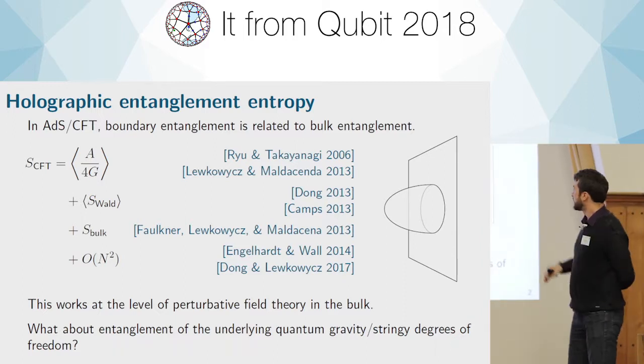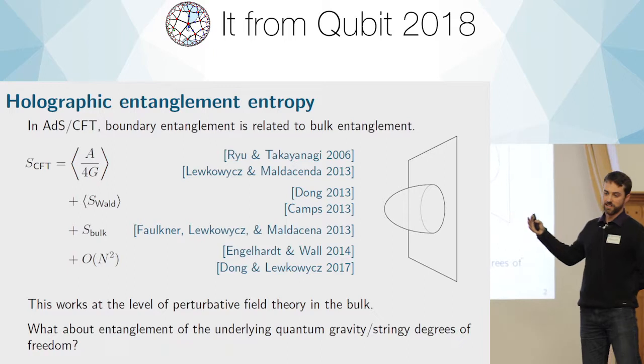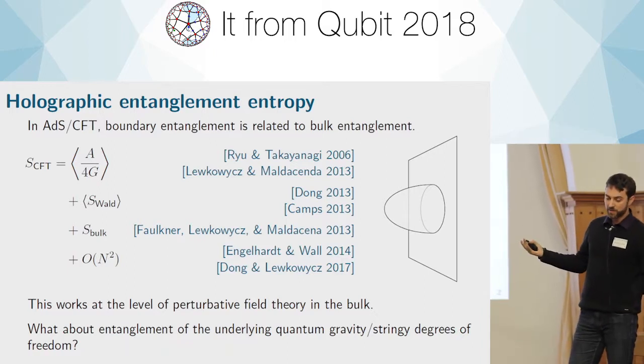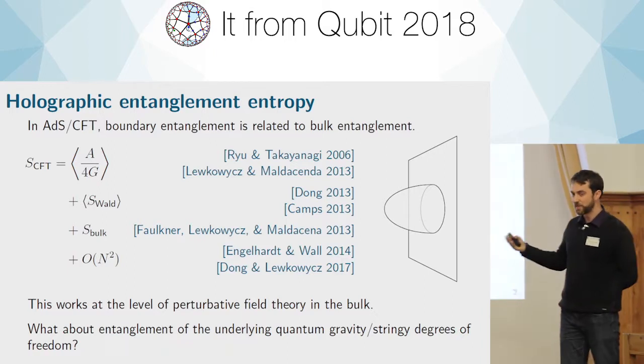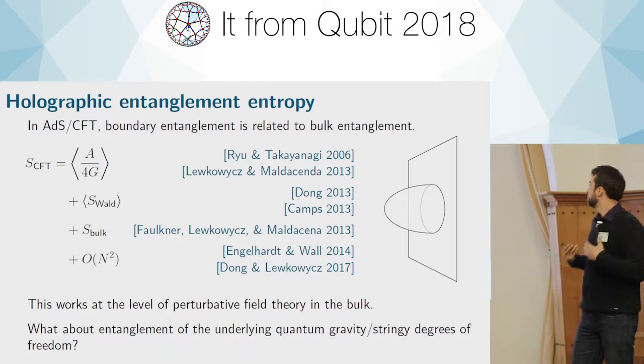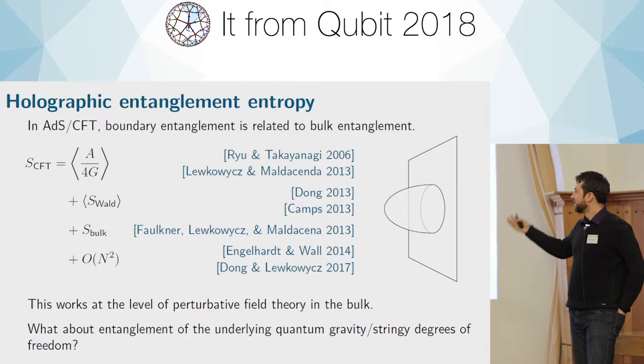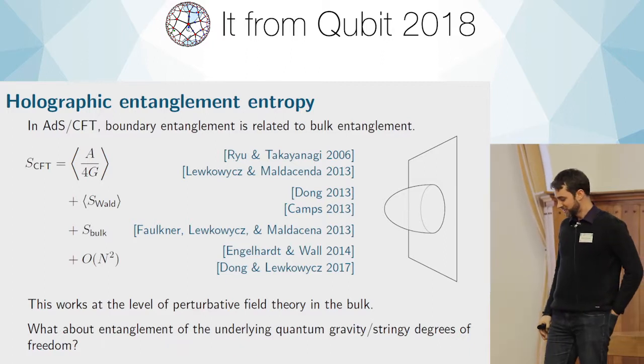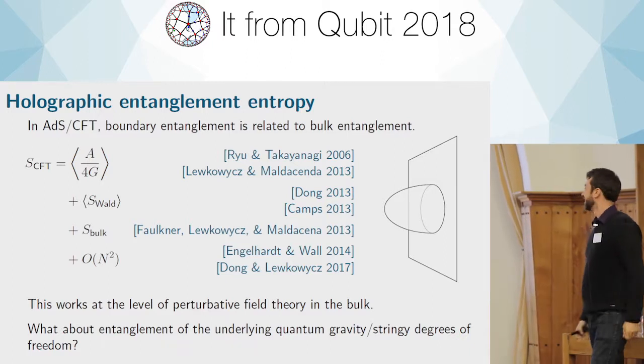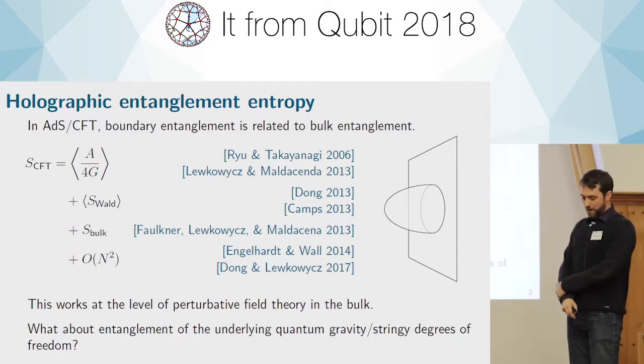So this is great. It's telling us that not only do we learn something about entanglement properties of the boundary, we also learn something about entanglement entropy in this bulk theory, which for me is the more interesting thing to understand.